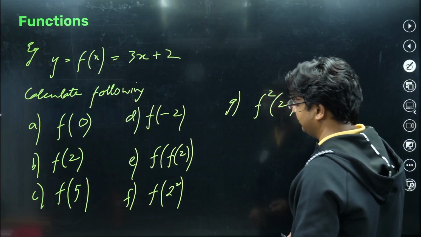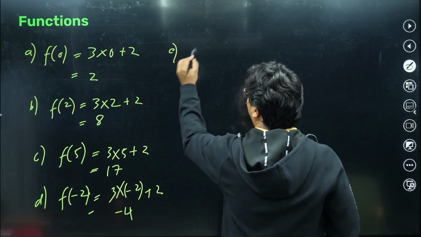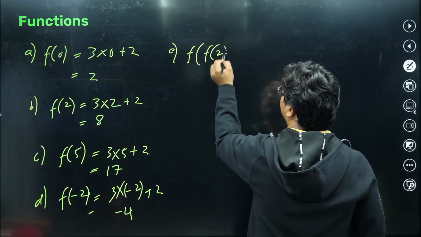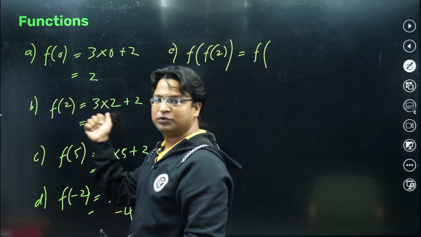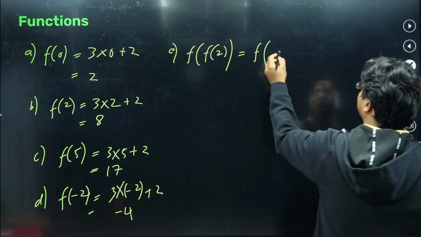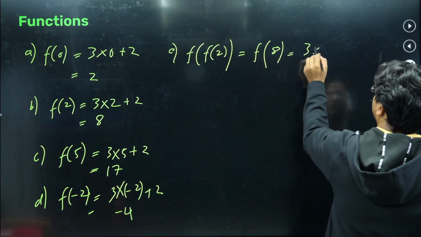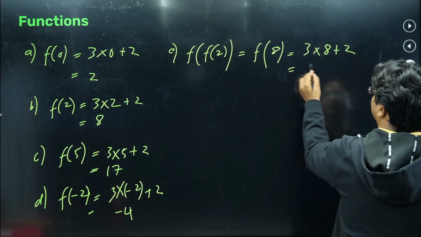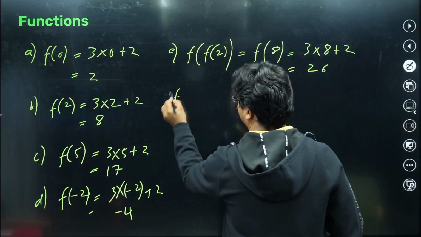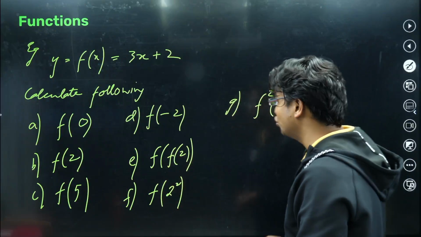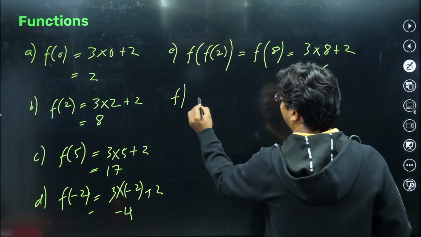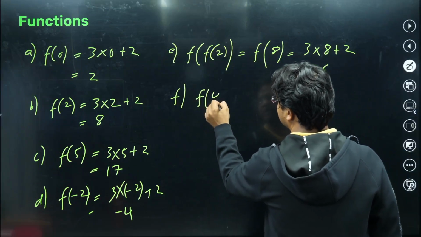Now e was f of f of 2. So f of f of 2 means f of, what was f of 2? This f of 2 was 8. So f of f of 2 means f of 8, which means 3 into 8 plus 2, which is 26. Then next is f of 2 square. That's simple. f of 2 square is f of 4.